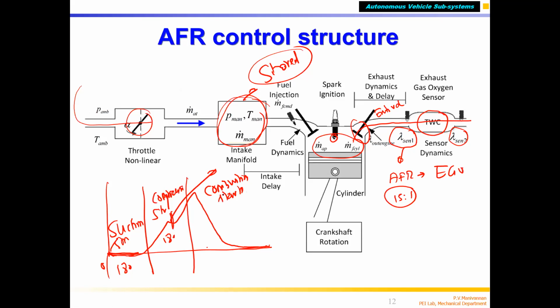We are giving a spark. This is the TDC, the top center. It goes up, and then this is your power stroke, again 180 degrees. Then this is the exhaust stroke.